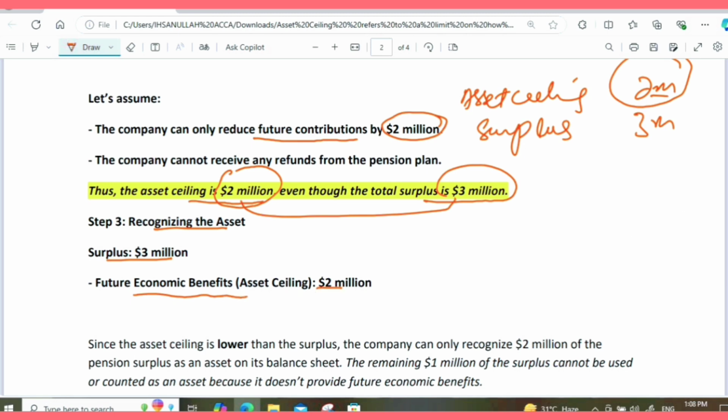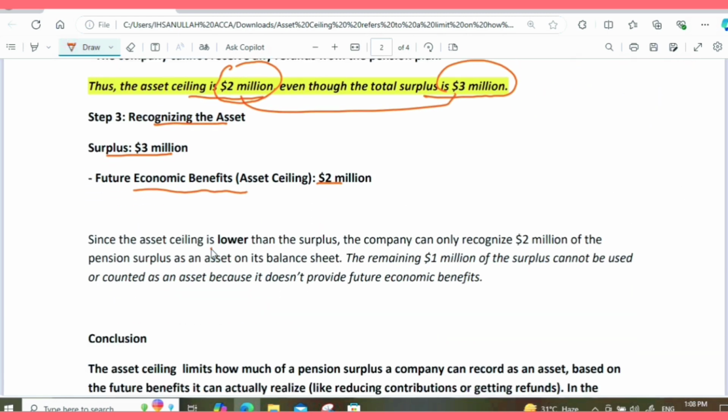So the asset ceiling is lower than the surplus. The company can only recognize 2 million of the pension surplus as an asset in the balance sheet, and the remaining 1 million of surplus cannot be counted as an asset because it does not provide future economic benefits.